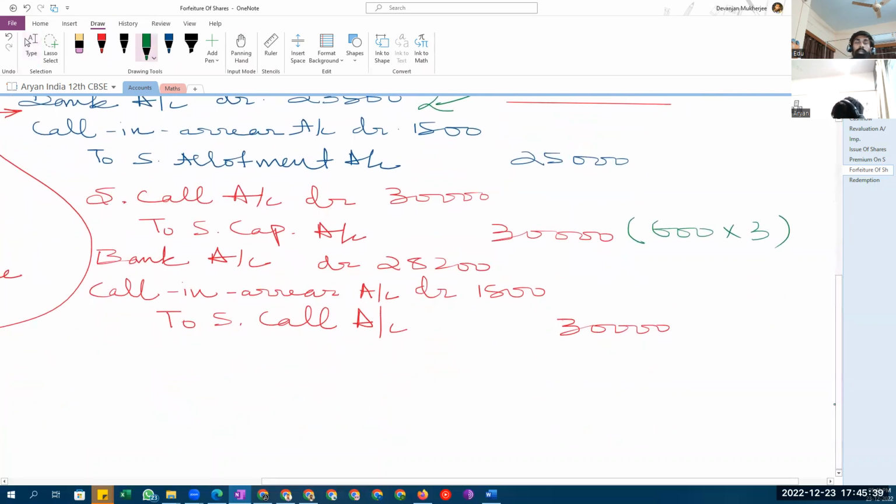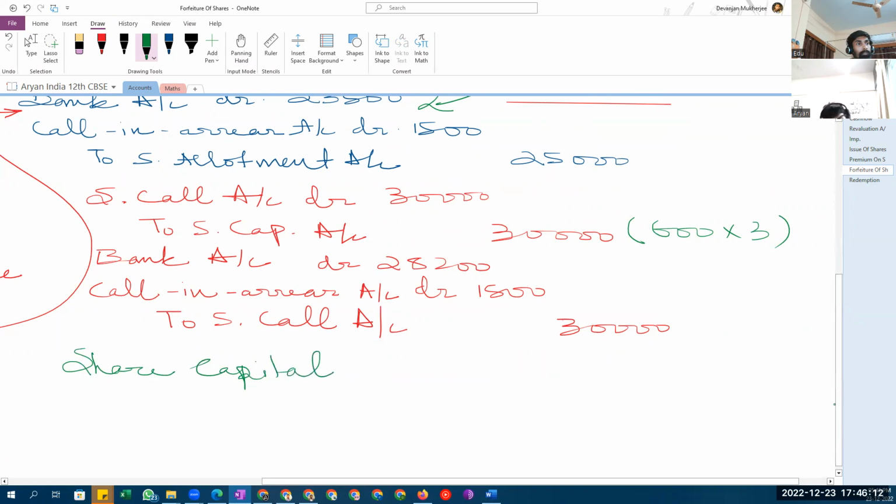Now all of this money needs to be taken out. If it needs to be taken out, what will happen to the share capital account? It will reduce. In order to reduce the share capital, what do we do? What is the nature of share capital account? Equity, so it's decreasing, so we will debit it. Very nice. So share capital account, pay close attention to this.